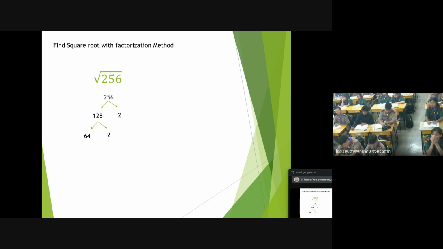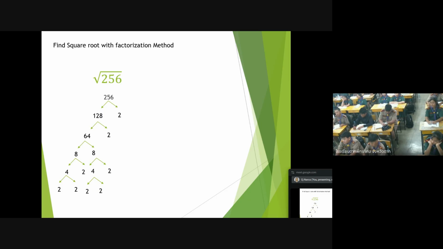Next, we have 8 times 8. And then we need to factor again. So, 4 times 2 and 4 times 2. And we still have this. So, 2 times 2, 2 times 2. So, we call this a prime factorization factor tree. Just like a Christmas tree, right?